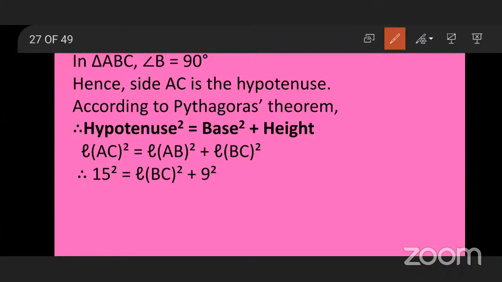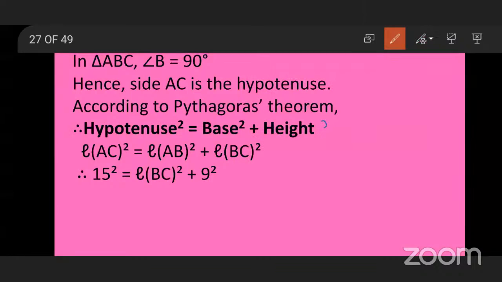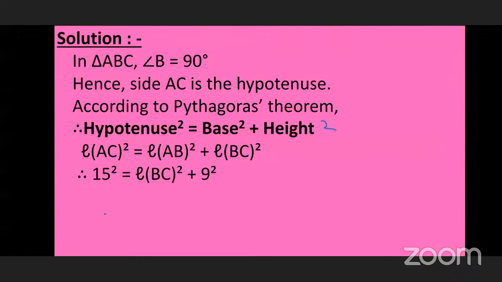After substituting the values, we will get 15 square equals length BC square plus 9 square. The square of 15 is 225 equals length BC square plus square of 9 is 81.